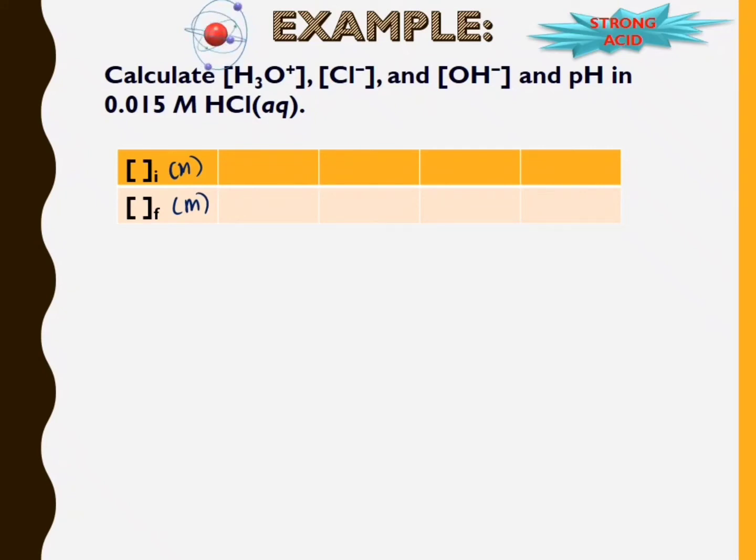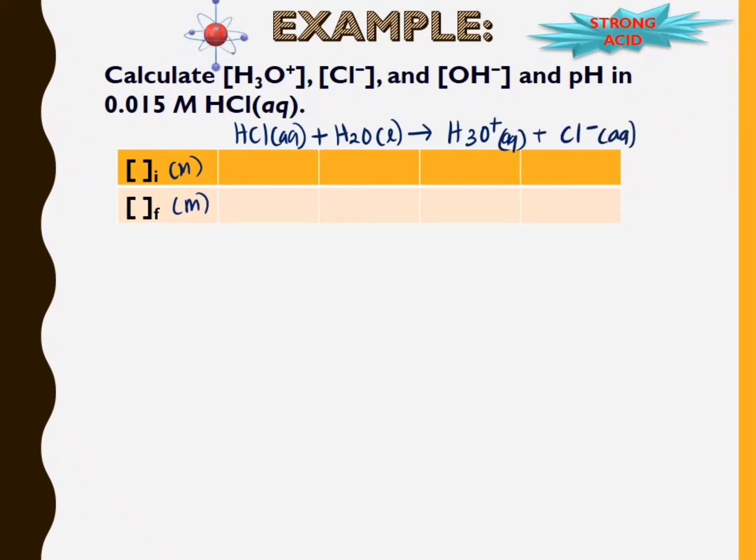Okay, so we write the equation first. So, kita ada HCl aqueous react with H2O liquid. Ingat, H2O je yang liquid. So, strong acid mesti straight arrow. Produce H3O plus aqueous, plus Cl minus aqueous.